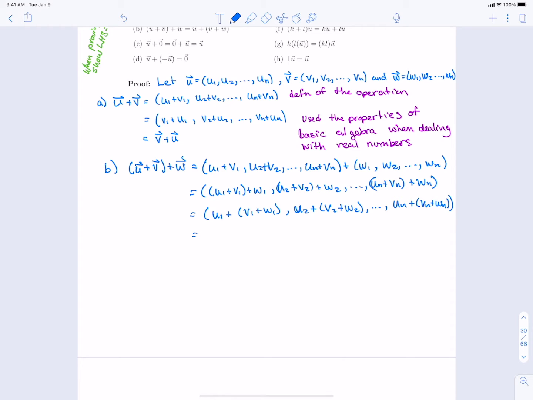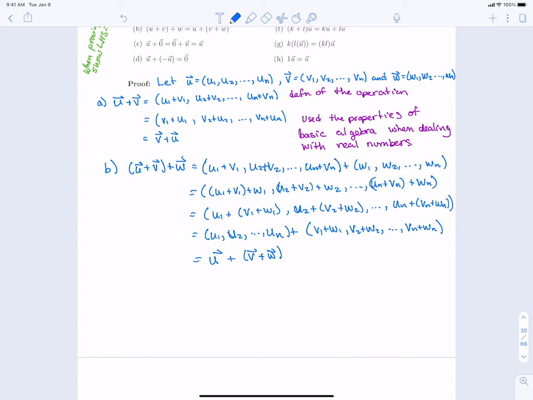Okay, and from here we could actually take and bring u1, u2, all the way up to un out in front, and add that to v1 plus w1, v2 plus w2, vn plus wn, and we are left with u plus v plus w.